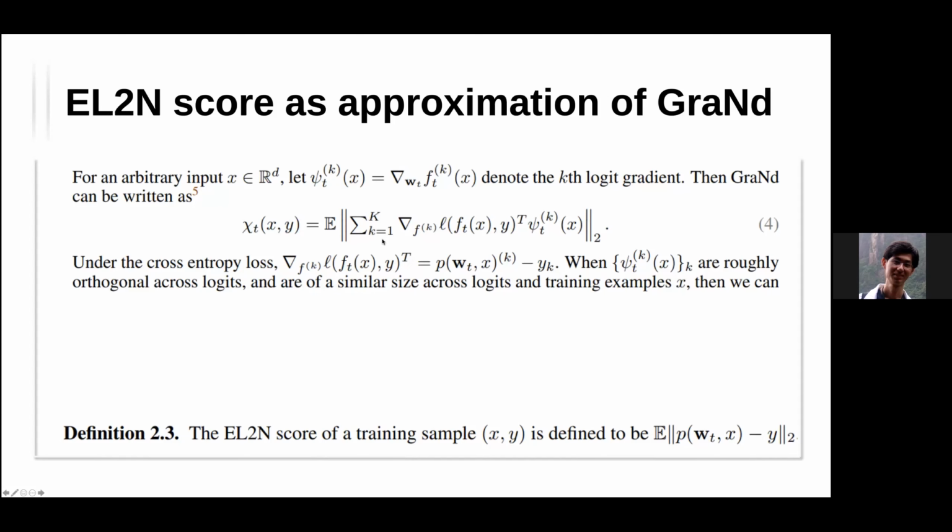Can you briefly explain why calculating GraNd is complicated? Since GraNd is calculated by the norm 2 of the gradients, isn't that easy to calculate? Why don't we just use GraNd, and why do we need to approximate it?